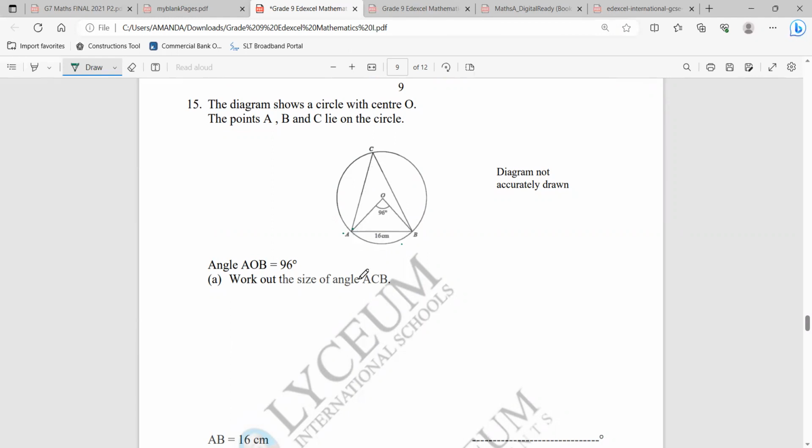So this is half of this. 96 divided by 2, that's 48. The angle made by this segment is half of the angle made at the center. That's 48.